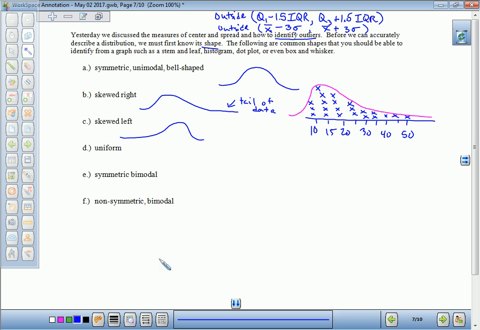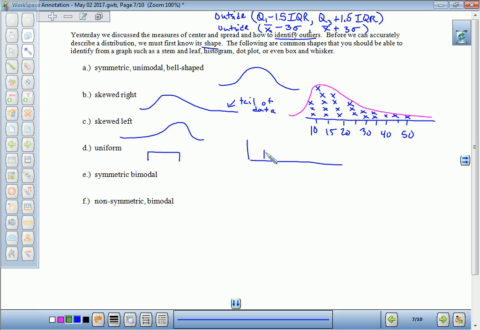All right, uniform. All the data looks the same. So if we describe the data using a histogram, let's create a histogram real quick. It might look like this.